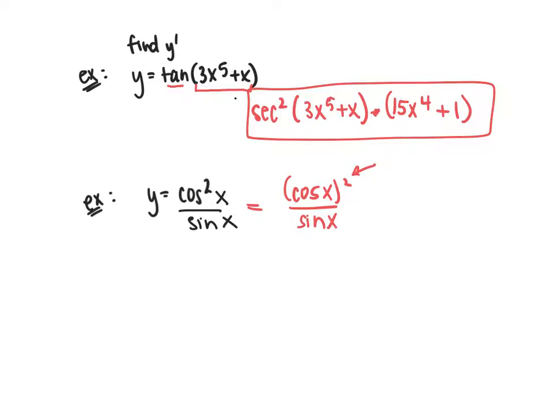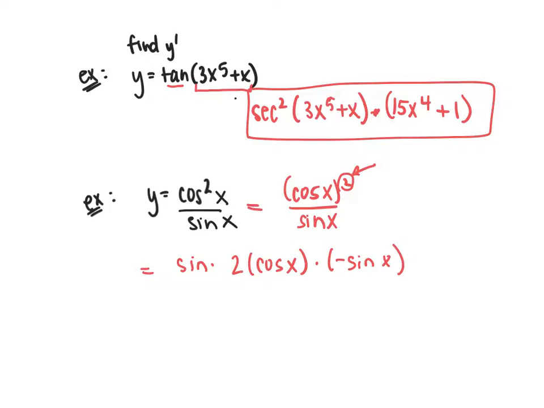So starting with quotient rule, we start with the bottom term, so sine of x, times the derivative of the top. And here's where the chain rule comes in. We have to first do the squared. So we have 2, and we're following it with cosine of x, and now it's to the first power. And now chain rule says what is the derivative of cosine, and that right there is negative sine.